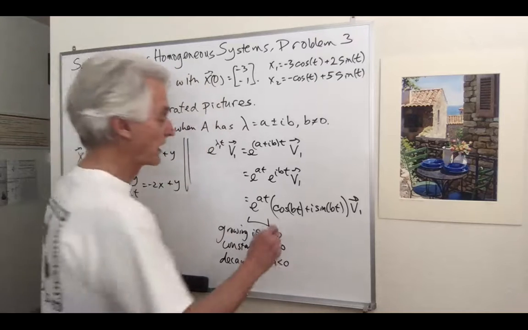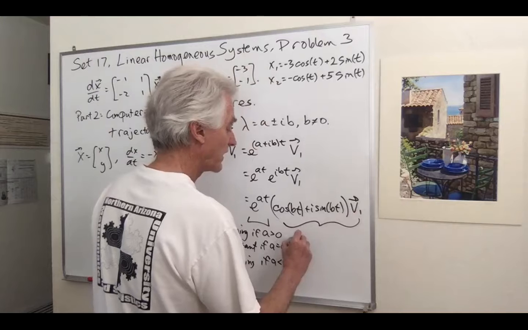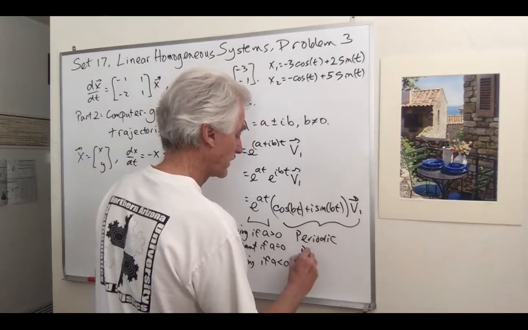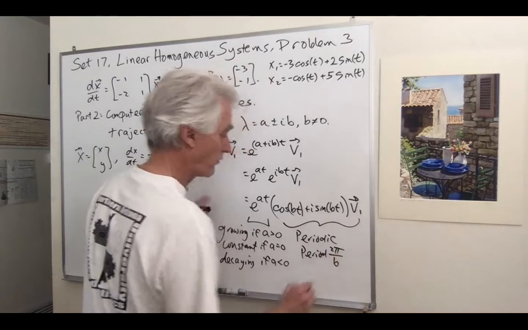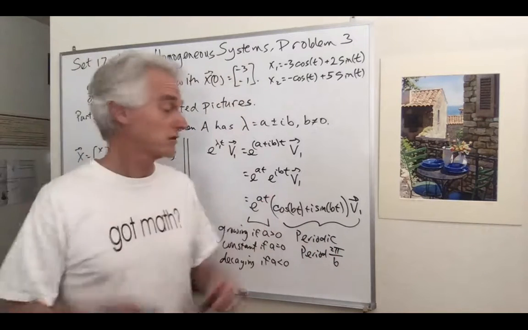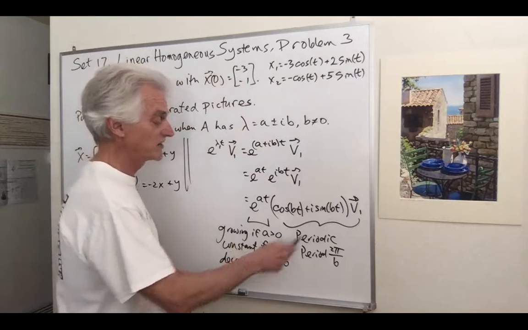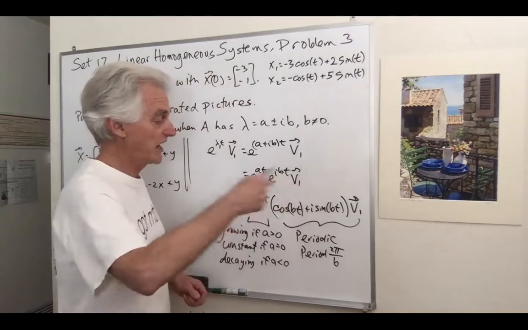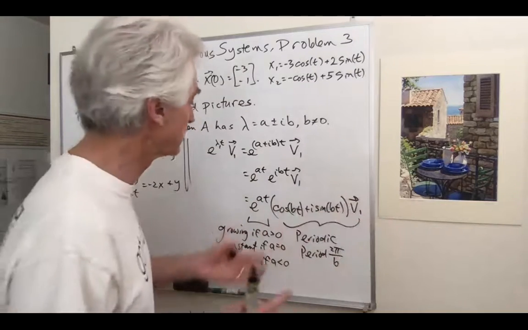And then this part here is always periodic, and the period is 2 pi over b. Cos bt and sine bt are periodic with period 2 pi over b. So if I put them together, and if a is 0, this is periodic, and in fact it's going to be an ellipse, or maybe a circle, which is a special case of an ellipse.